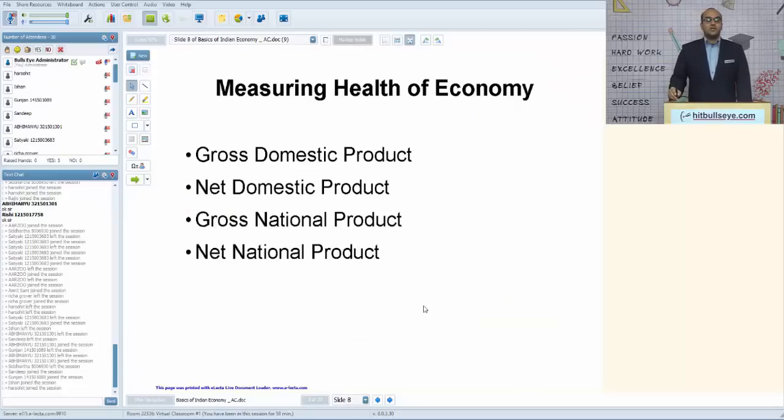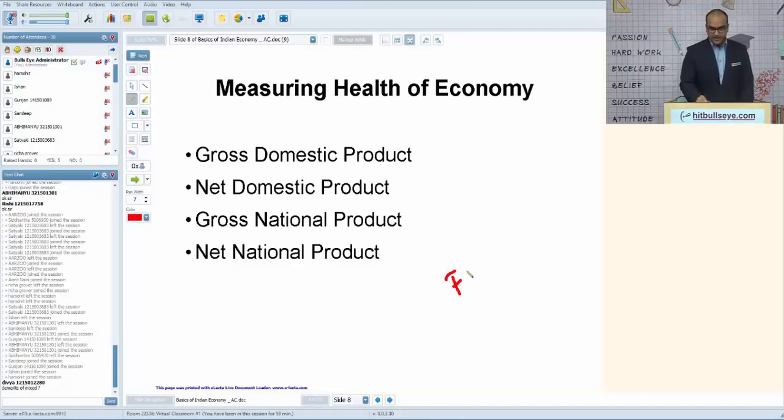Moving on to certain conceptual parts of studying an economy. How is the health or the performance of an economy measured? The first concept, of course, is GDP or gross domestic product. It is the sum total of the values of all final goods and services produced within the geographical territory.